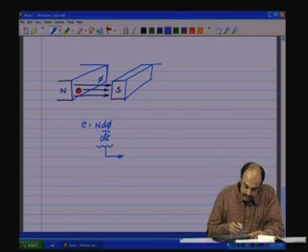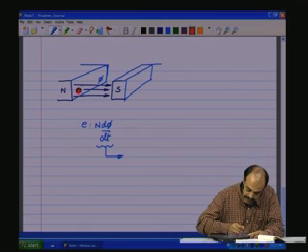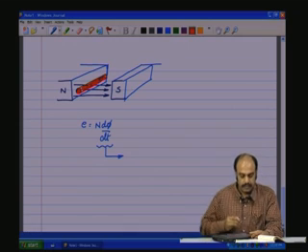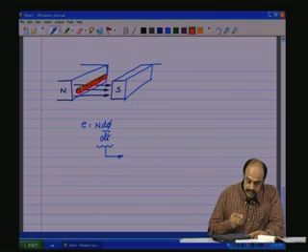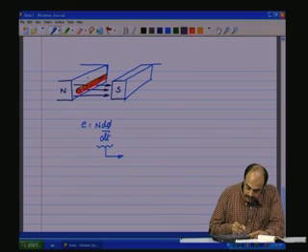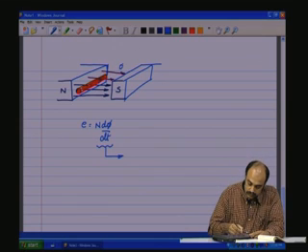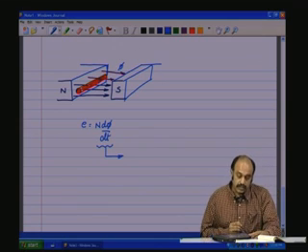So, these are the magnets, and then of course there is the conductor. This conductor is positioned like this, and then you have all the flux lines linking the north and the south poles.